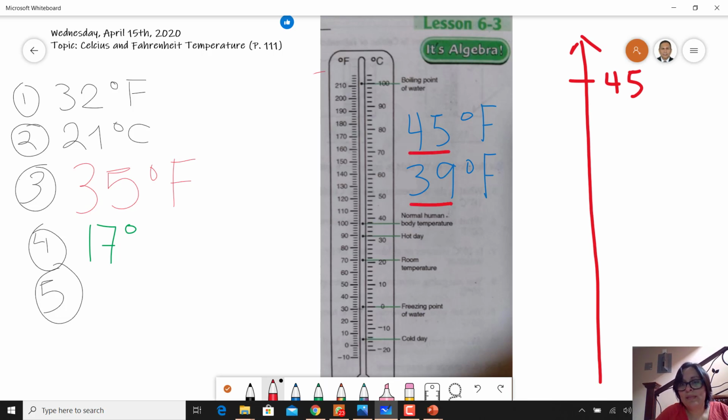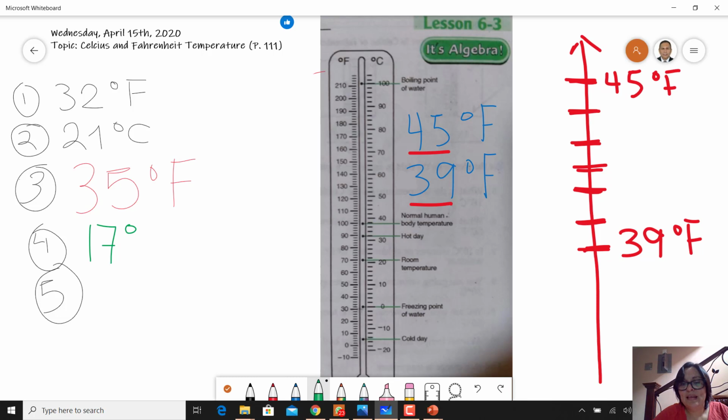None of them is minus, so that means that we are not going to write anything under 0. So if 45 is in here, 44 is in here, 43, 42, 41, 40, and 39. So in here we have 39 Fahrenheit degrees, and in here 45 Fahrenheit degrees. Okay? 39, 40, 41, 42, 43, 44, and 45.